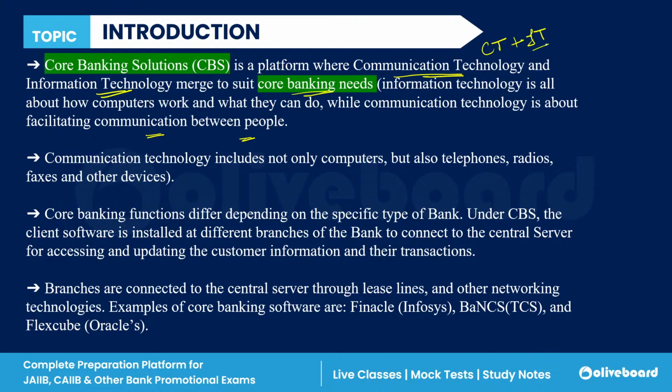Now, information technology is all about what a computer is and how the computer works. Whereas communication technology is all about how people communicate with each other. Communication technology doesn't only include the computer, but also all the telephones, radios, faxes and other devices.